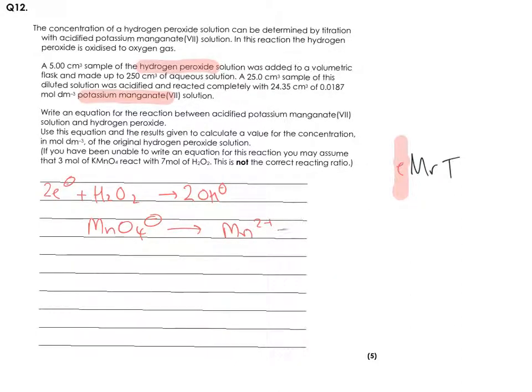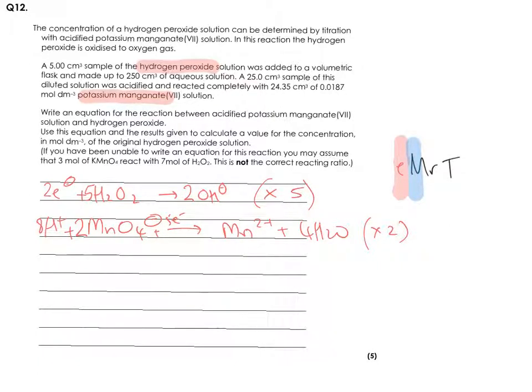And in the bottom one, we need to add 4 waters, need to add 8 H plus, and 5 electrons. So in order to balance the electrons, you need to multiply the top one by 5, and we need to multiply the bottom one by 2. So the ratio of manganate to hydrogen peroxide will be 2 to 5, so we need that a little bit later. Our next step is moles.